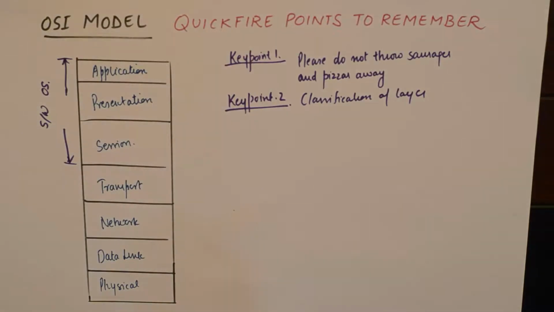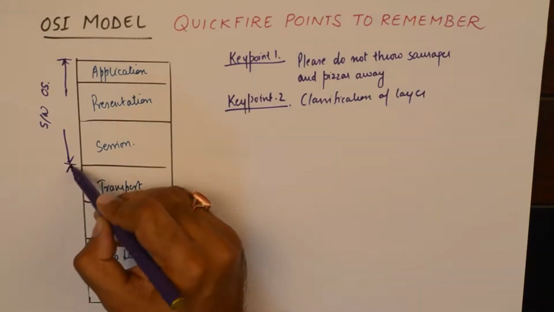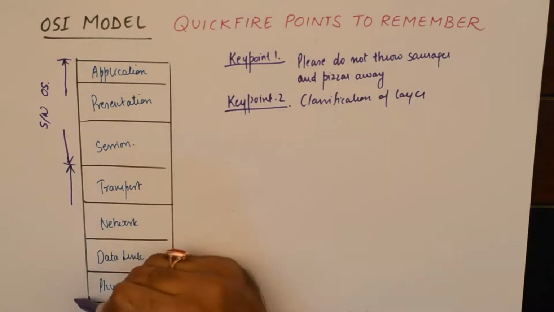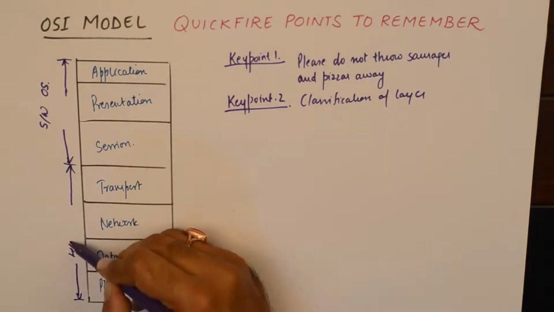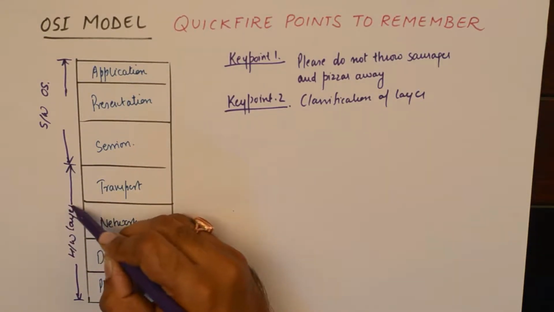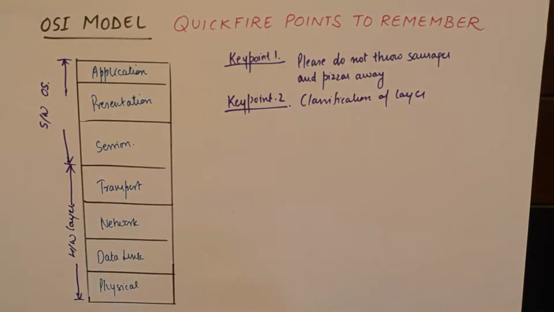These layers will interact with the kernel and shell of the operating system, so they are more of the software side of the OSI model, and the other 4 layers, the bottom 4 layers, are the hardware layers. Each of these layers will interact with a specific hardware in the networking setup.